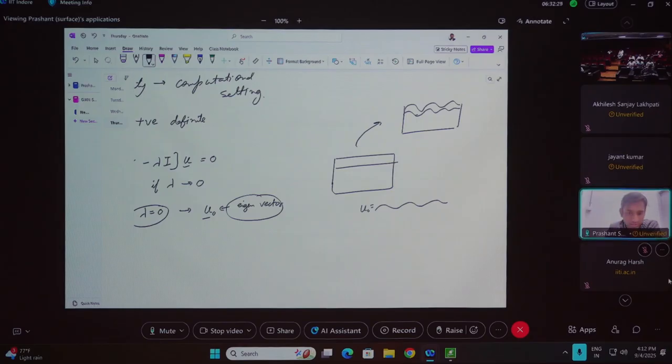It would be a function that looks like this, and the amplitude is something that you choose. Eigenvectors are always normalized, so the amplitude does not matter; it's only the shape that matters.